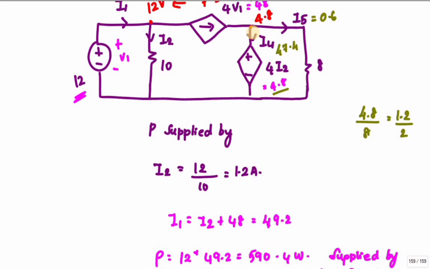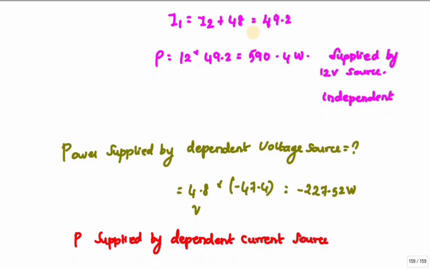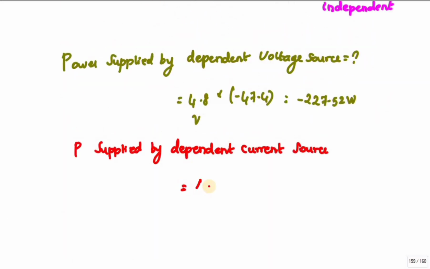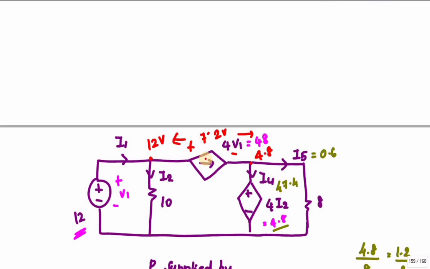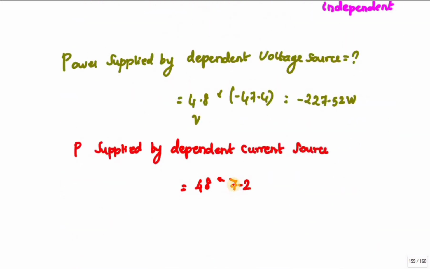Usually the voltage is represented as plus and minus, that is 7.2, but the current is flowing in the opposite direction. So plus means the arrow must be in the plus direction, but since it is in the opposite direction, I can write it as minus 48 into 7.2, that is my answer is minus 345.6 watts.